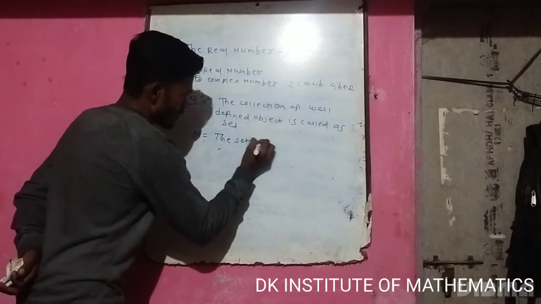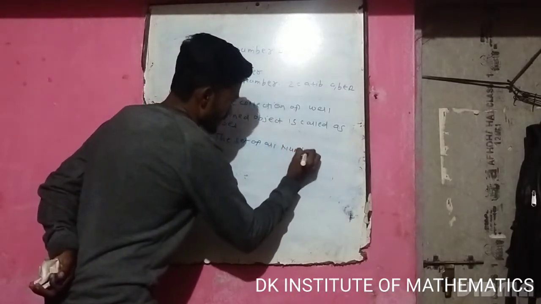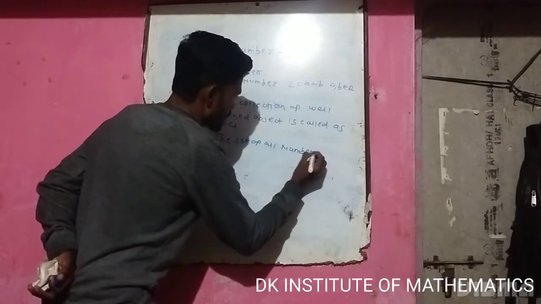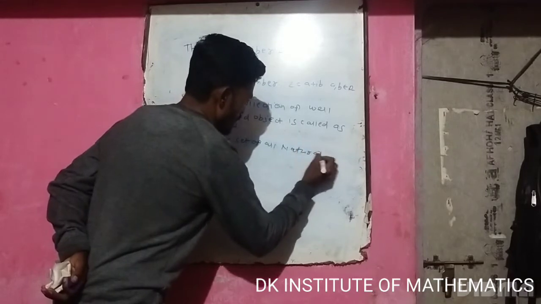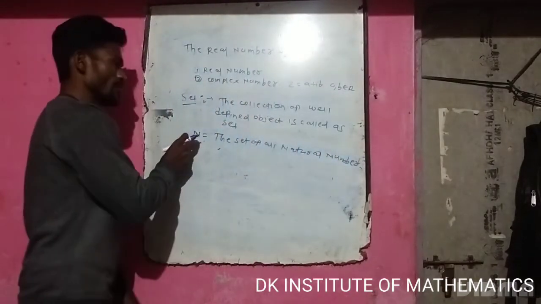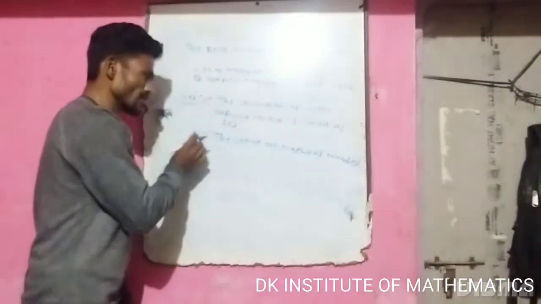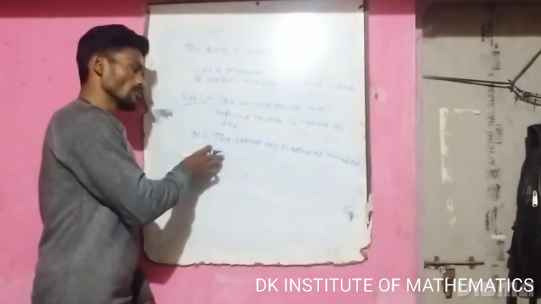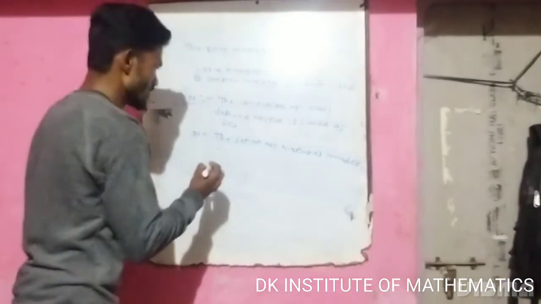What are natural numbers? 1, 2, 3, 4, 5, 6 and so on. This is called the set of natural numbers.